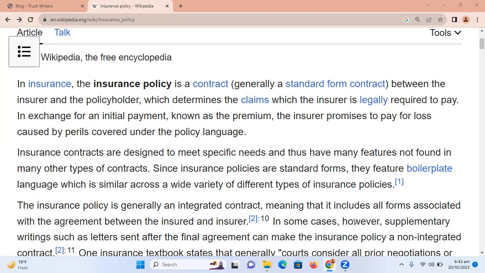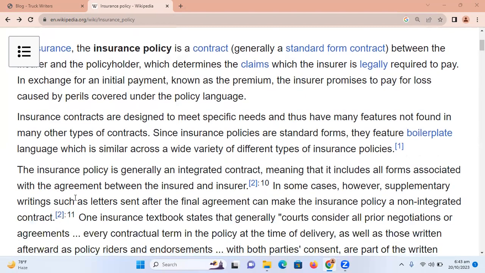In some cases, however, supplementary writing such as a letter sent after the final agreement can make the insurance policy an integrated contract. One insurance textbook states that generally courts consider all prior negotiations or agreements.